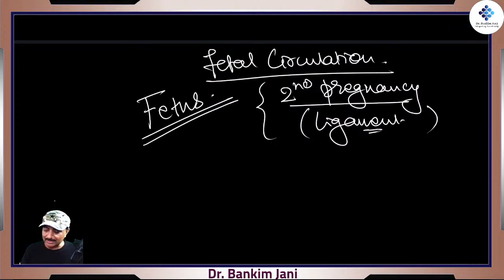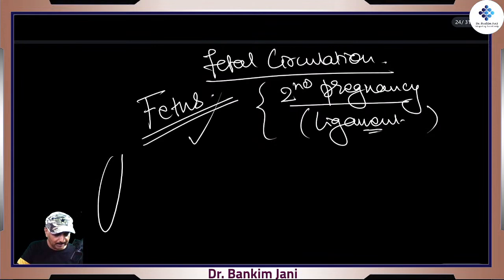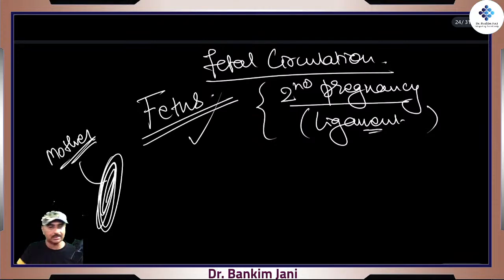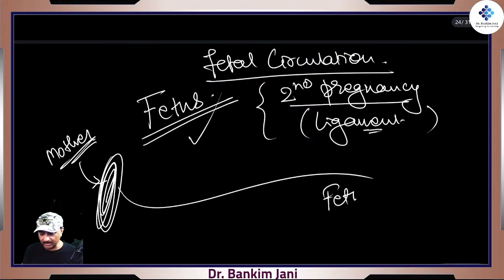The ductus arteriosus, ductus venosus, foramen ovale, all those things were happening in the fetus. Mother's part is just this placenta. She has got nothing to do with any of those ductus venosus or ductus arteriosus. She is just connected via placenta, and everything is occurring on the fetus side.